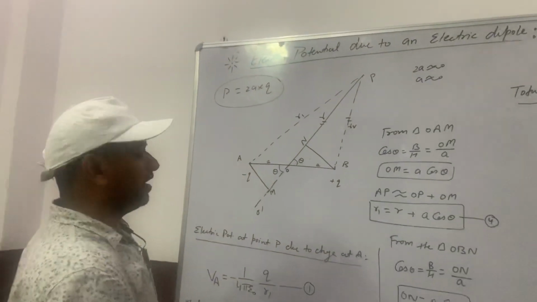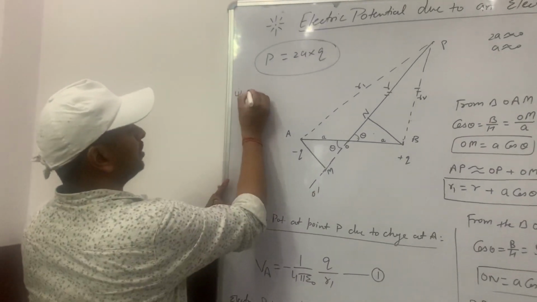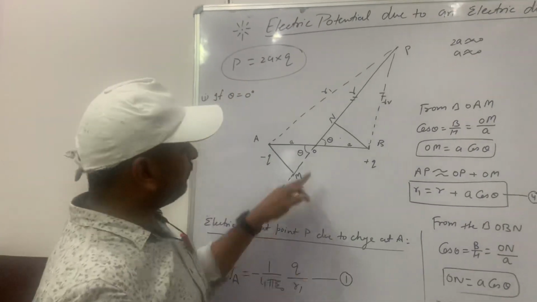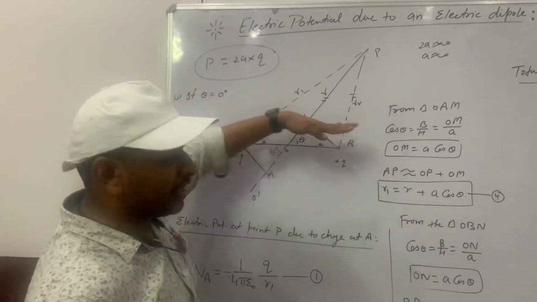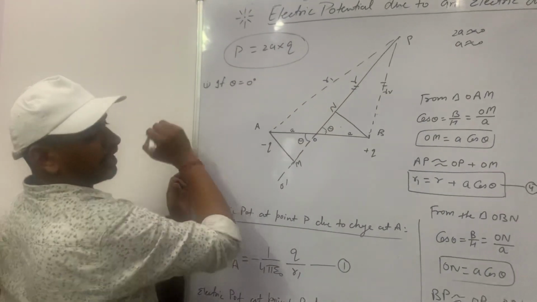Now consider two special cases of this relation. First is if theta equal to 0 degree. If theta is 0, then point P lies on the axial line of the dipole.